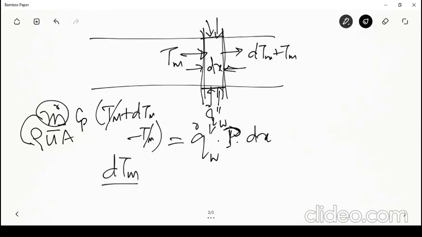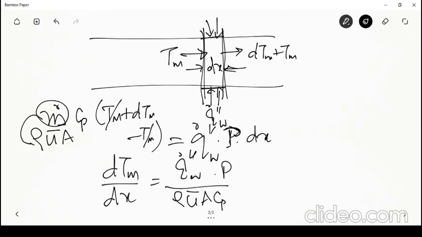If I do that, then I'll be able to cancel out this Tm and say dTm by dx is equal to q dot double prime at wall divided by rho u bar a Cp, and there is a perimeter here.